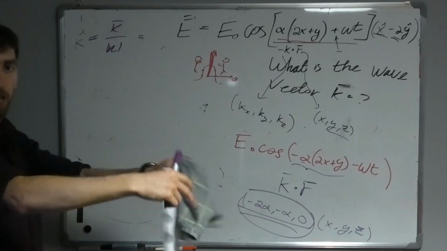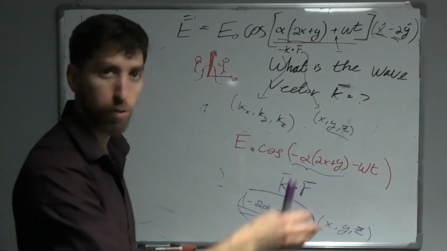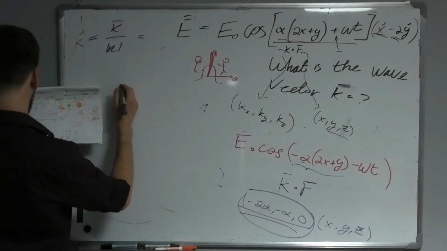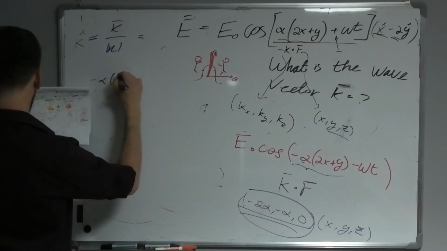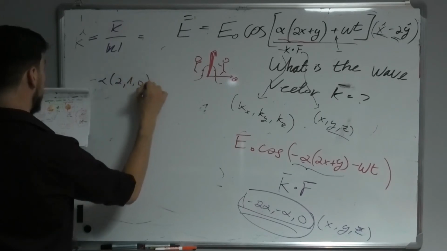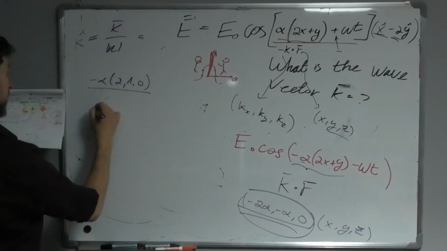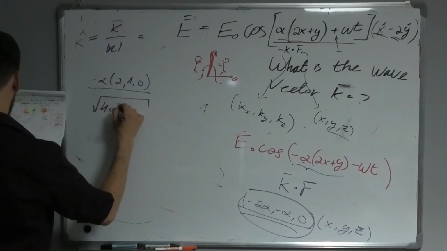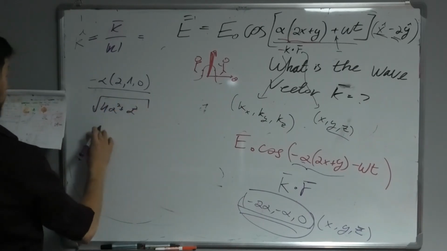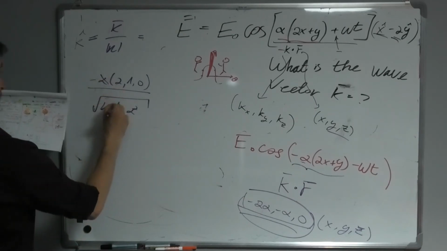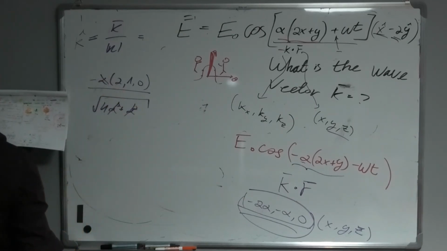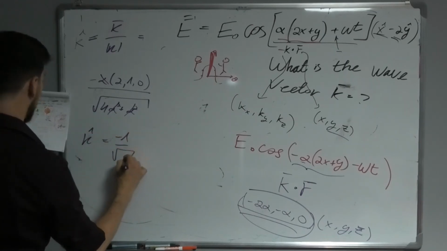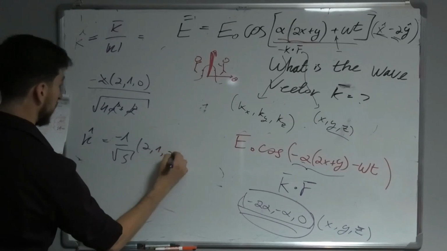Take the vector, take out the magnitude, and you're left only with the unit vector where it's pointing. So at the top I can take minus alpha outside, it's 2, 1, 0, divided by the size, the square root of 4 alpha squared plus alpha squared. I can get rid of the alpha, so the direction is k pointing along minus 1 over root 5 times 2, 1, 0.